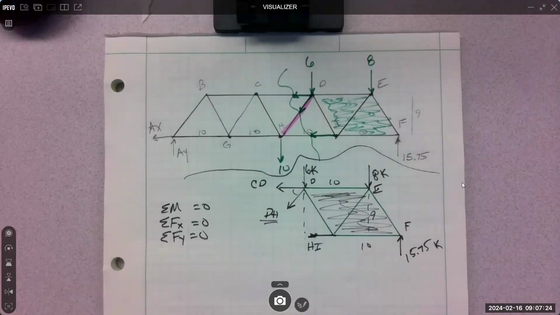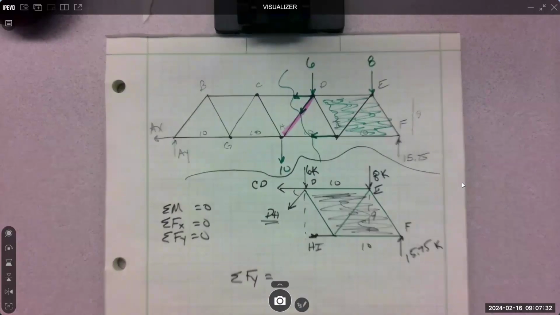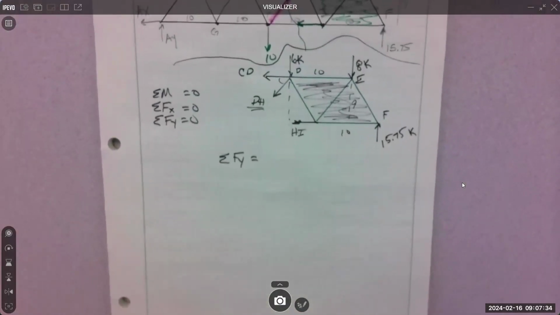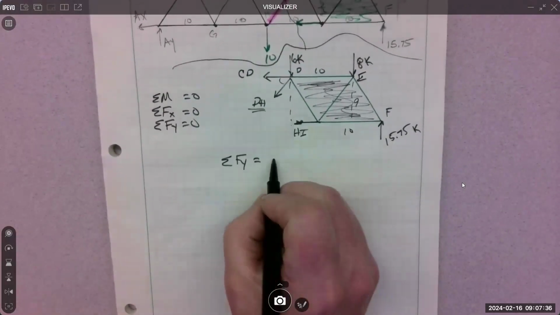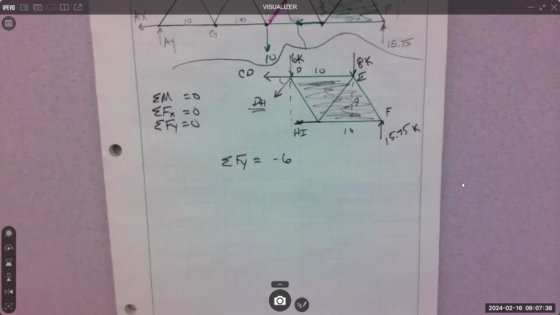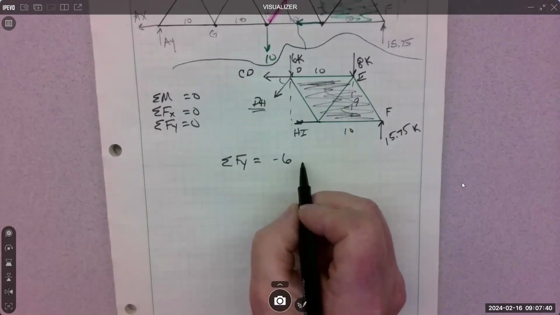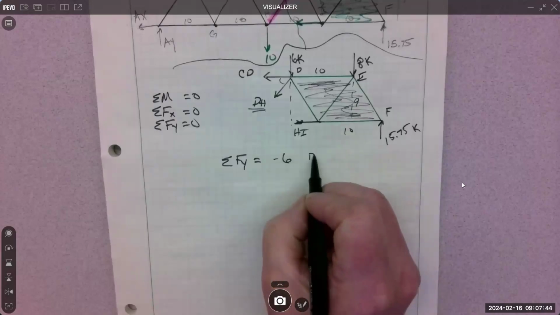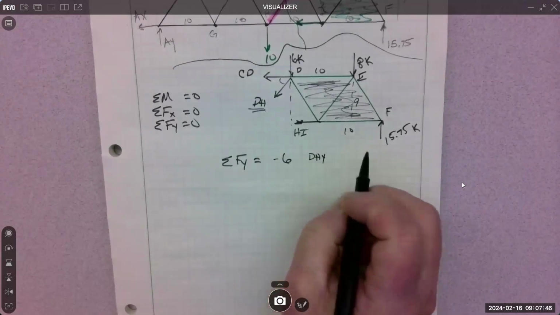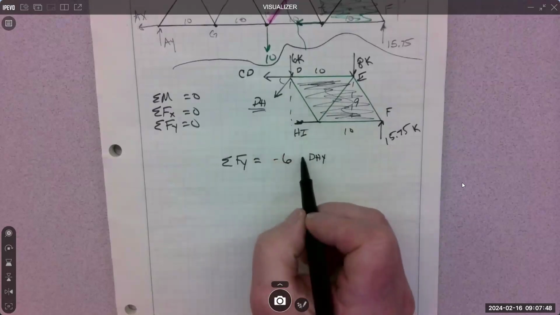DH has a Y component, right? So if I did some forces in the Y, what are all the forces in the Y? 6. Minus 6. DHY. And which way do I have it going? Down.